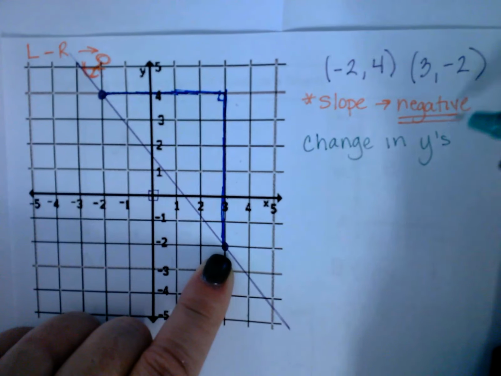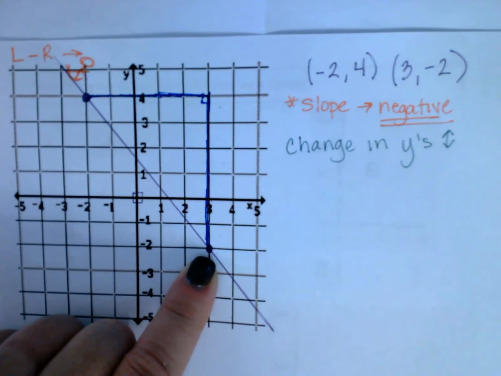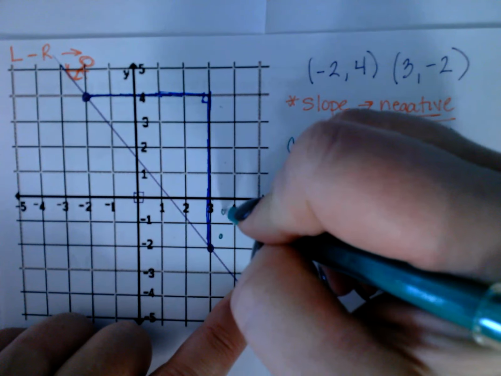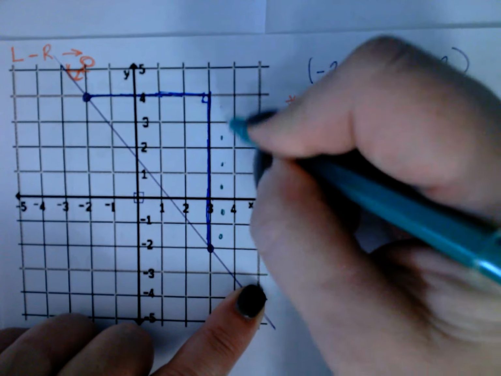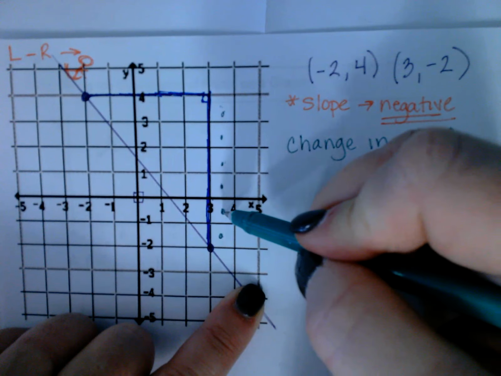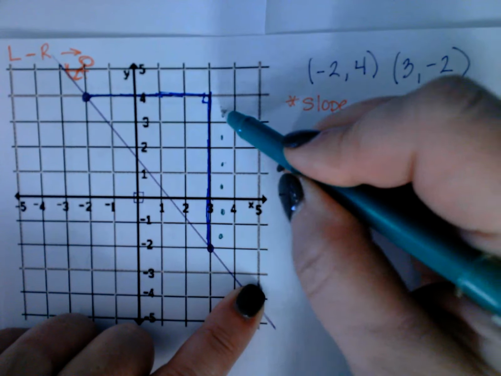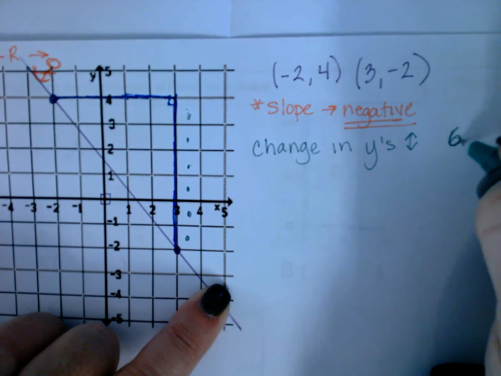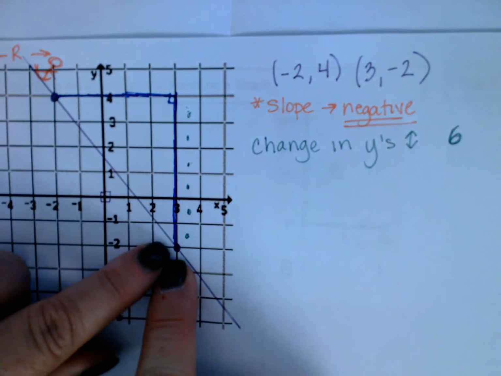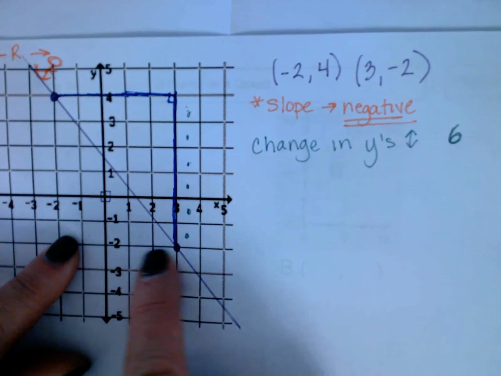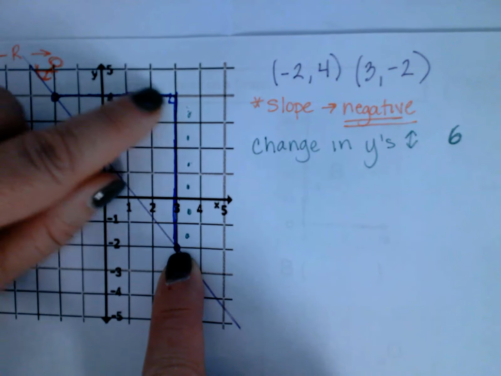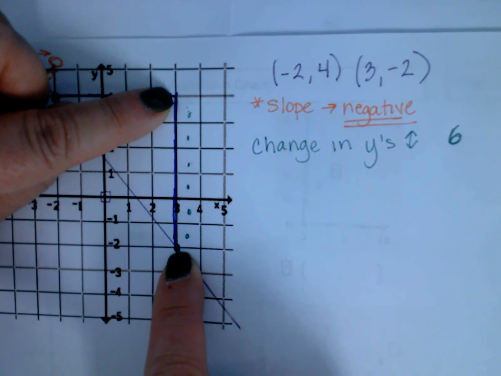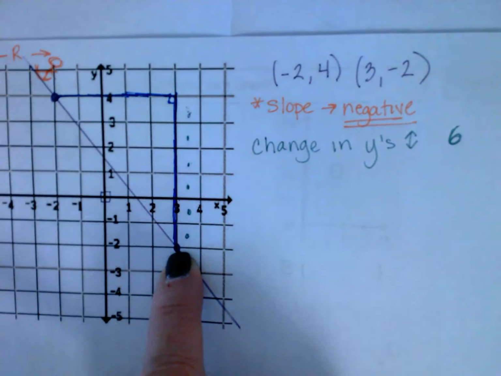And the y's are the up and down when you are graphing. I just like to count my rows. I tend to put dots in my rows as I go. So I have 1, 2, 3, 4, 5, 6. I have a change of 6. My y's are changing by 6. I could see that this one starts at -2 and it goes to 4 on a number line. -2 is 6 digits away from 4.